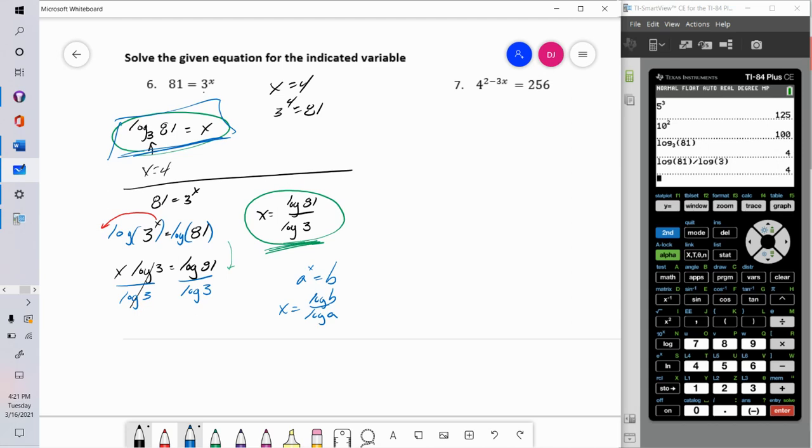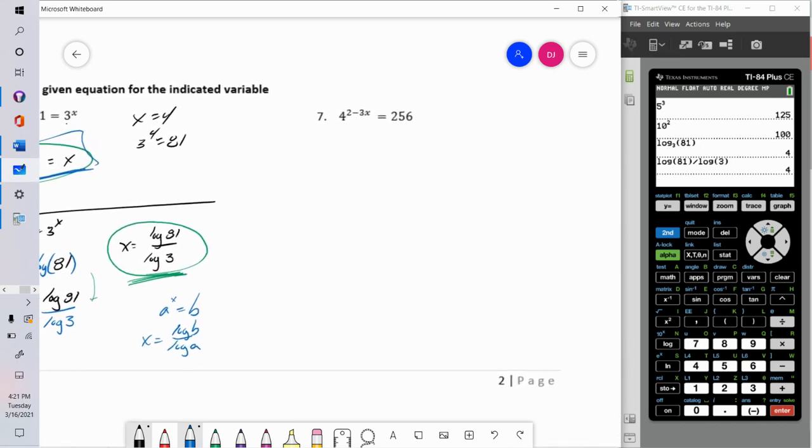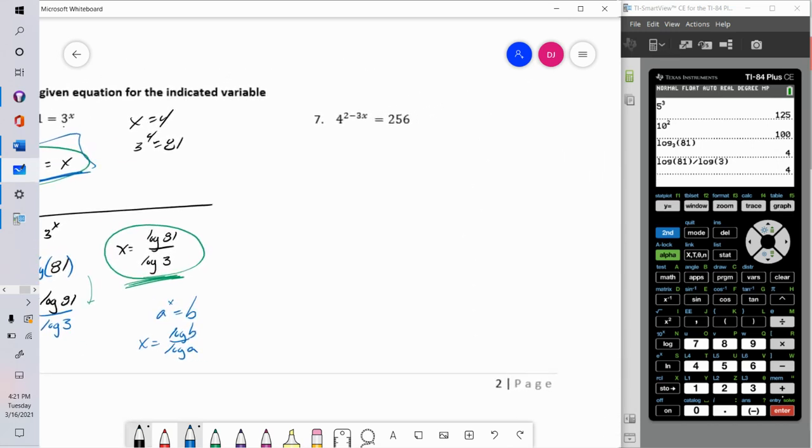Okay, so number 7, either, new way, calculator log base, I could say log base 4 of 256 equals 2 minus 3x, my exponent. So what if it's not just an x?